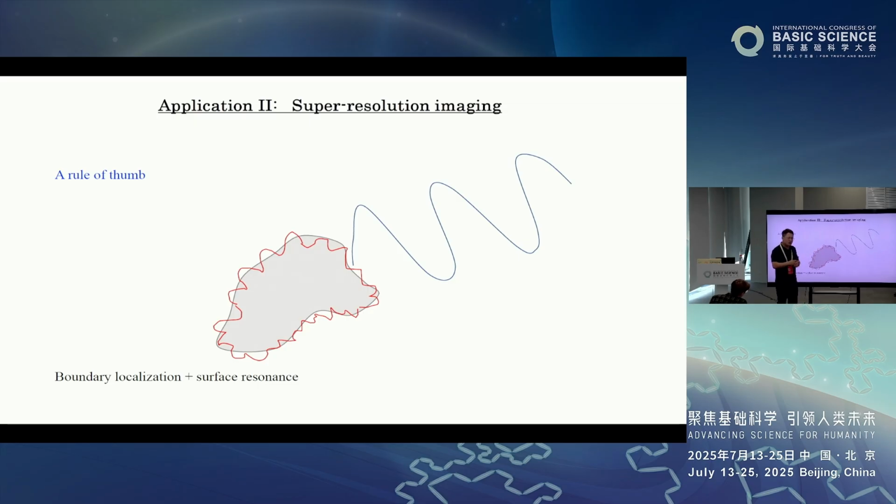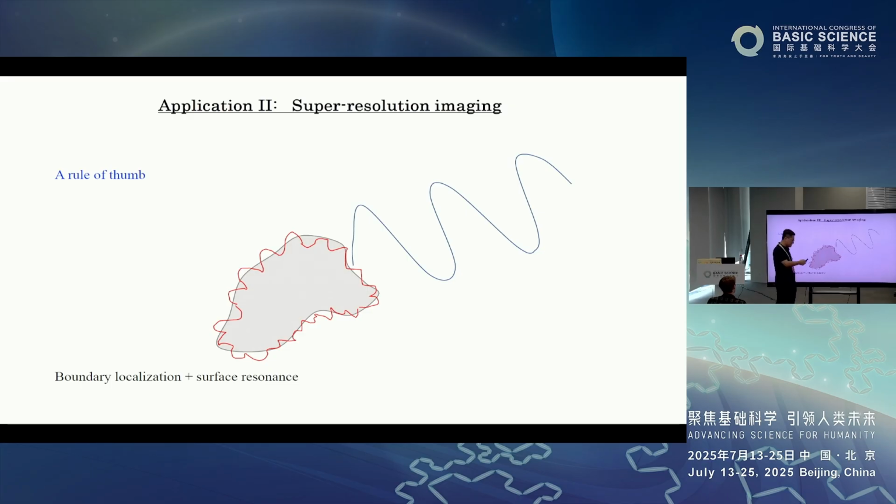And why is this possible? First, those modes are boundary localized. They carry the geometric information of this domain. And second, they exhibit higher oscillation than the exterior modes. That means they can generate higher resolution compared to the exterior observation data.